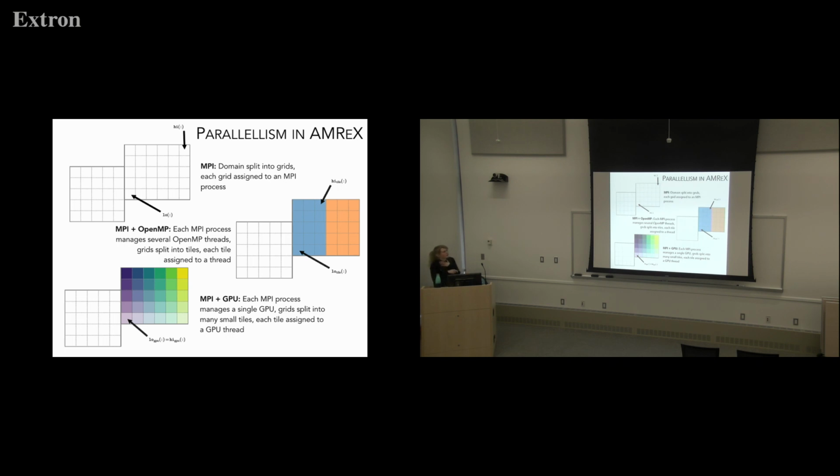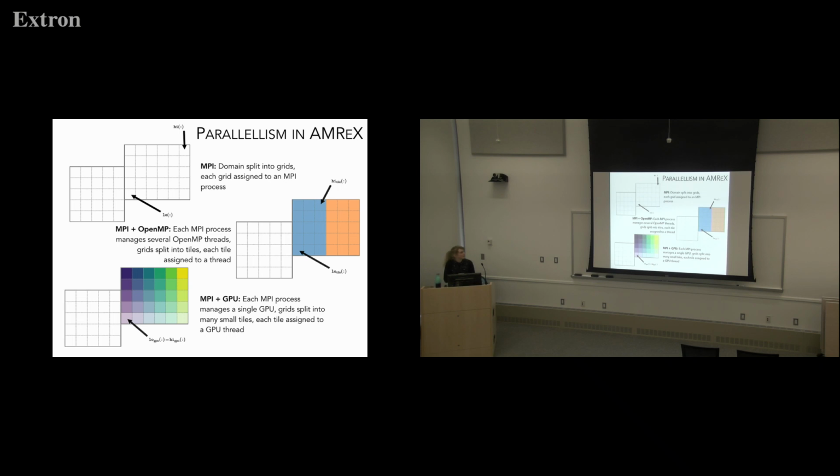So this grid will be given to one MPI process, and this grid will be given to another one. If we then add on OpenMP, then each one of these MPI processes is split up into several tiles, and each one of these tiles is given to an OpenMP thread. So every MPI process manages several threads, and each thread is given a tile.